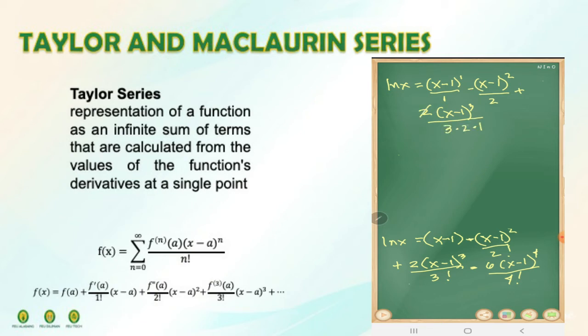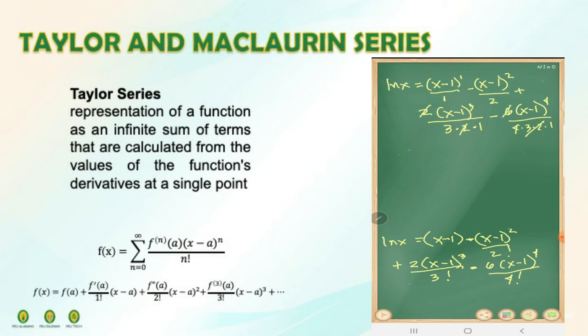So we have to cancel this one. Minus 6 times (x minus 1) raised to the fourth power over 4 times 3 times 2 times 1. Therefore, 3 times 2 is equal to 6, so we cancel 6.